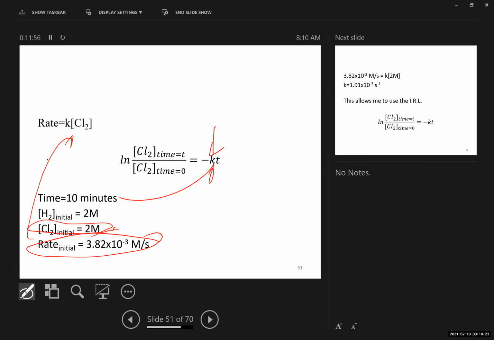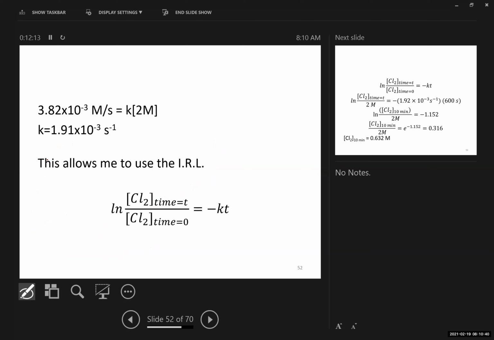I always refer to it as the unfortunately named rate constant because it's not constant. However, it is constant for a reaction as long as the temperature doesn't change. So if I stay at 298 kelvins, it's the same K. And so there's my initial rate. There's my initial chlorine concentration.